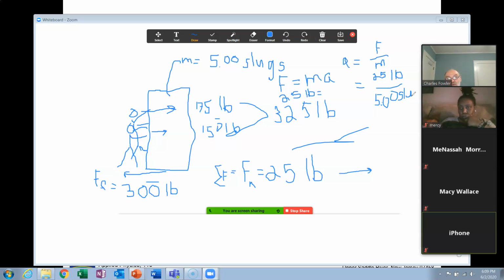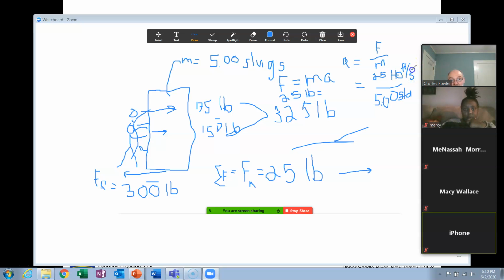Remember what your pound is? It's a slug foot per second squared. So this slug here cancels out the slug that's in the pound and leaves you with just feet per second squared.